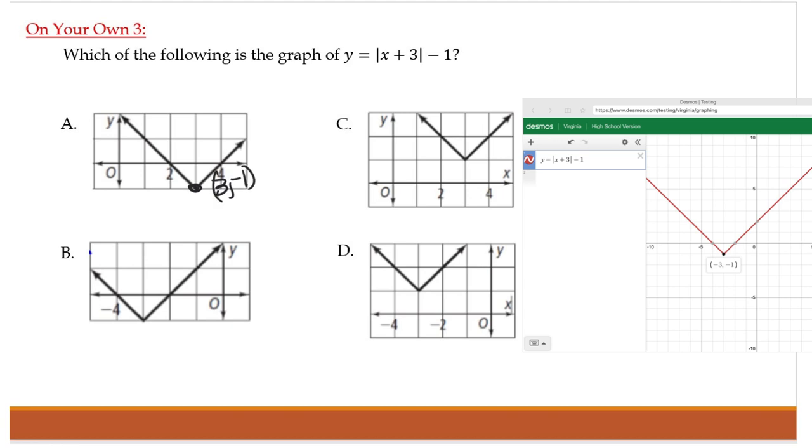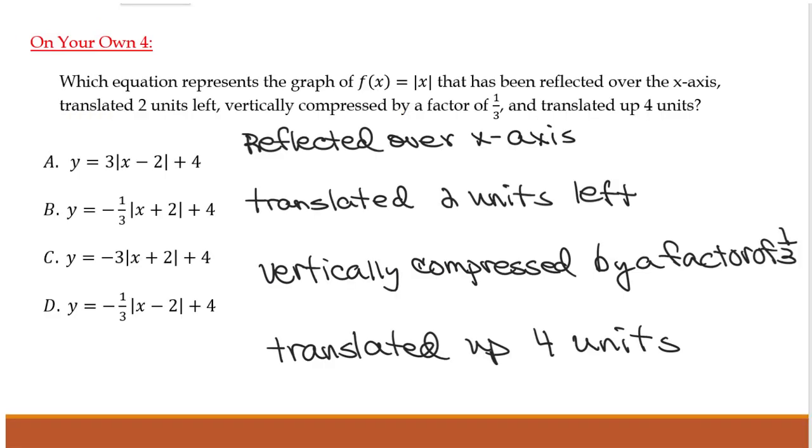That is not the same. This vertex is 3, 1. This vertex is -3, 1. And this vertex is -3, -1. Therefore, matching the vertex, my answer would be answer B.